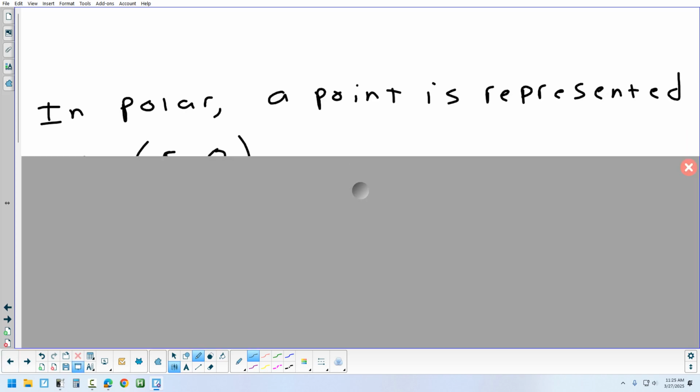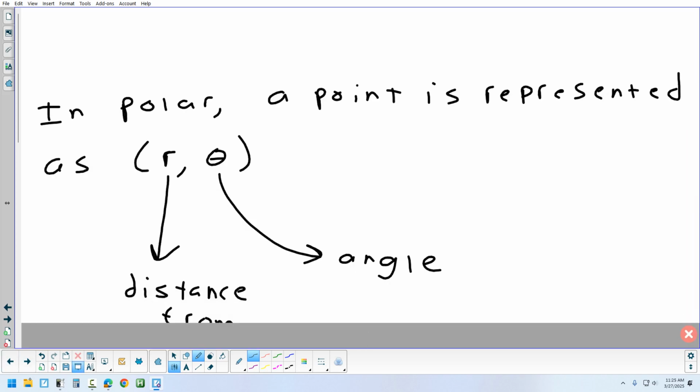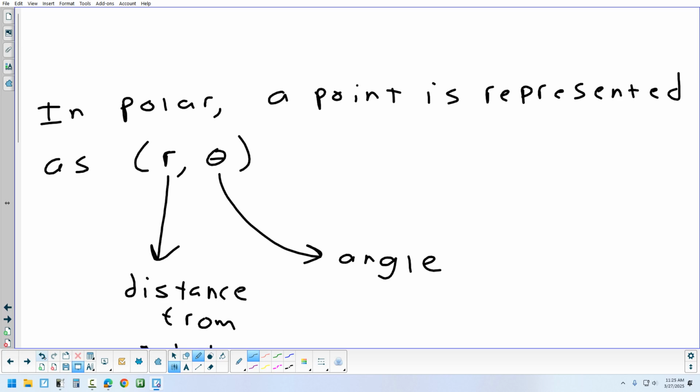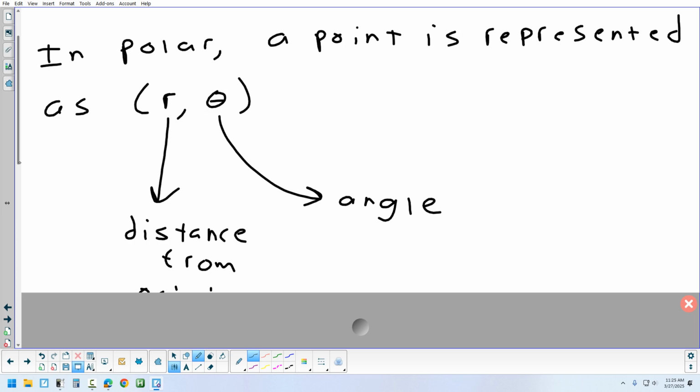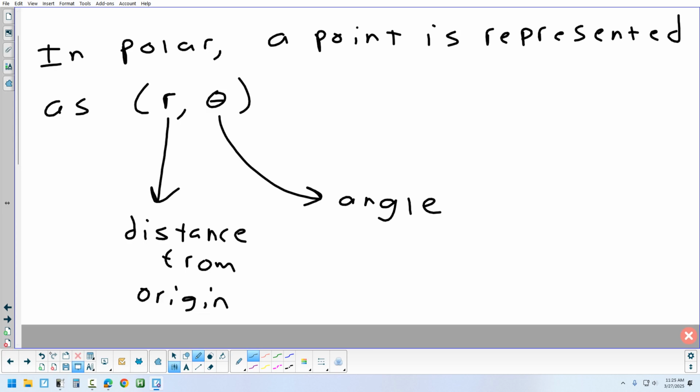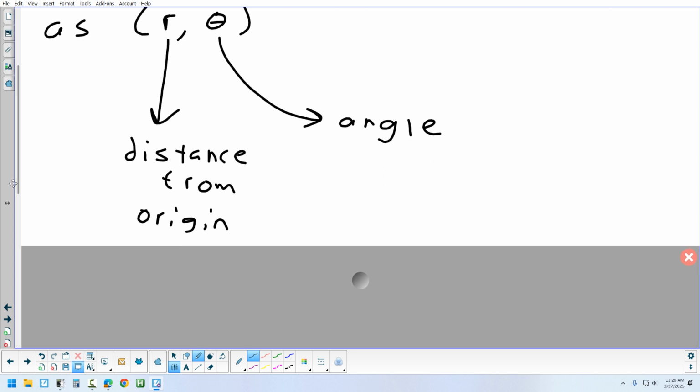So those are the two things we have to figure out here, and you figure them out exactly the same way that we did earlier in the week. There's no difference. The only thing that's a little bit easier is we're not dealing with i. We're never going to have imaginaries with this. So r is movement out from the center, and theta is an amount of rotation.